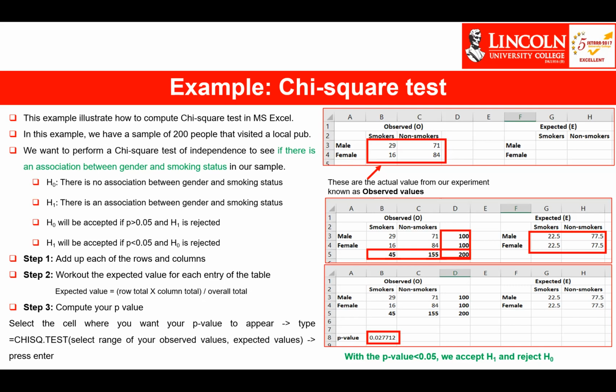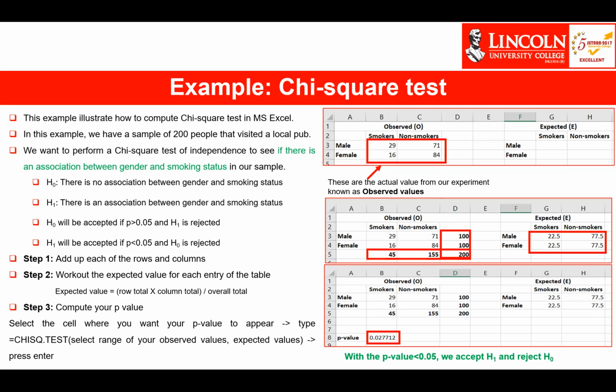So in that case, we have the following hypotheses. Our null hypothesis says that there's no association between gender and smoking status, while the alternate hypothesis says that there's an association between gender and smoking status.